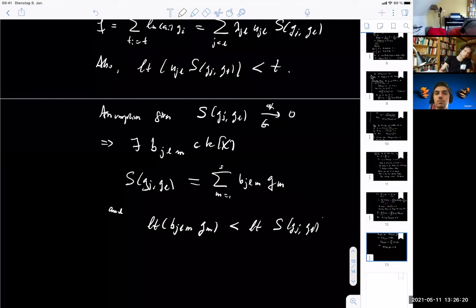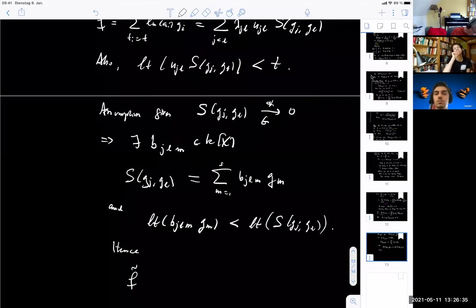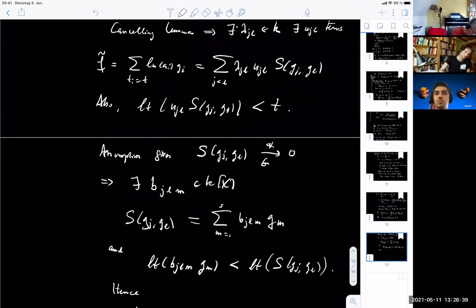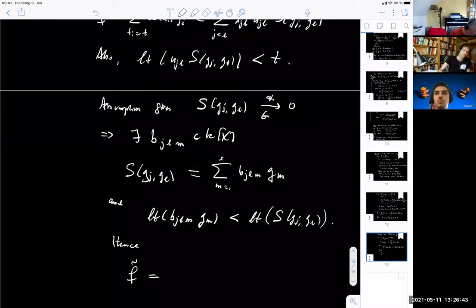This was the content of some of the lemmas I proved. So now I will plug this new representation of the S polynomials here, and then I get this.